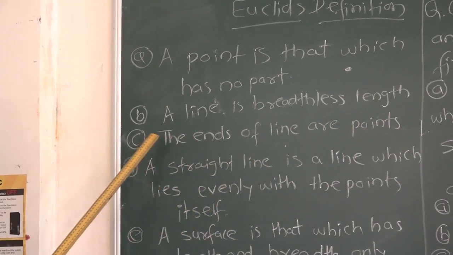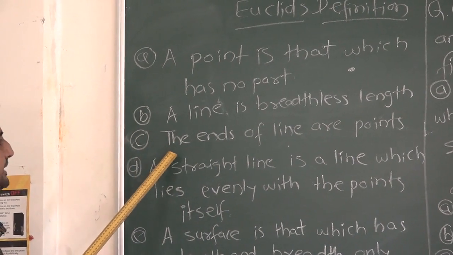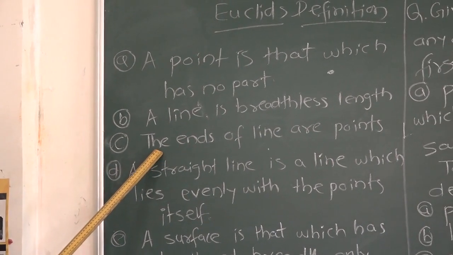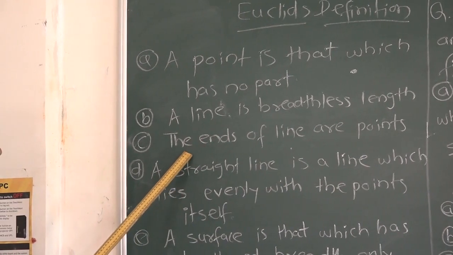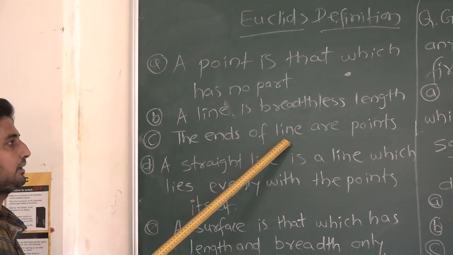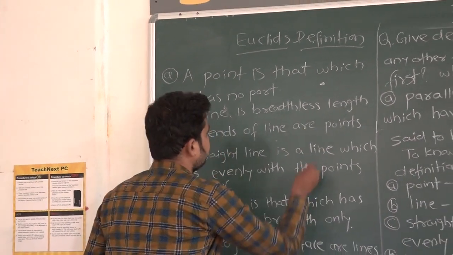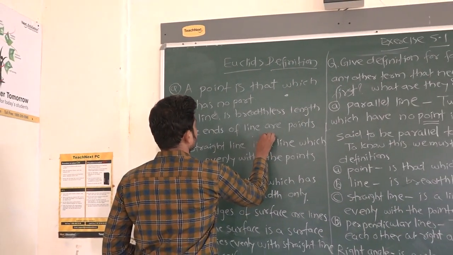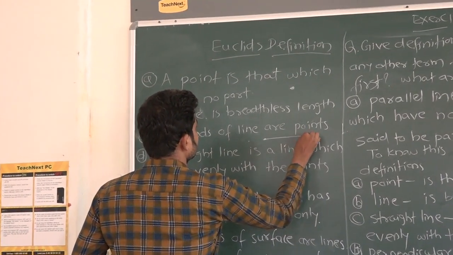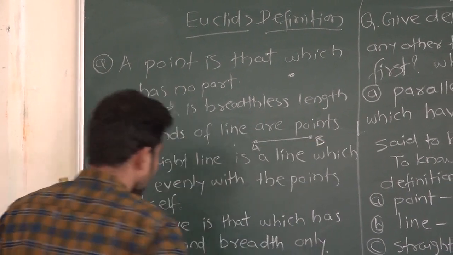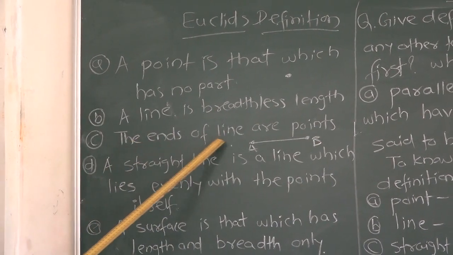So, the next definition that we are going to see here is: the ends of a line are points. Suppose I draw a line here. Now here, the ends of a line are points.